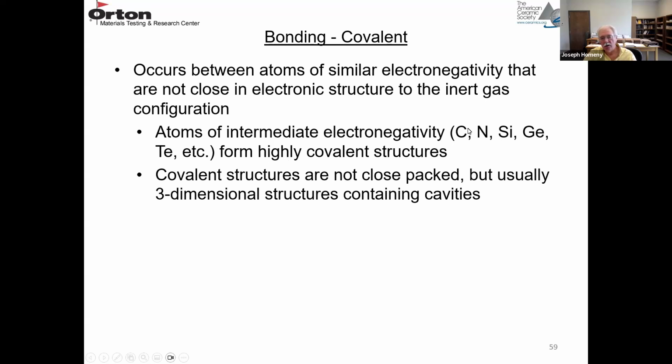So silicon and carbon is a highly covalent structure when you form silicon carbide. Because they're directional, they're not close packed structures. They're 3-dimensional structures. They're not tightly packed, so they're going to have cavities in their crystal structures.